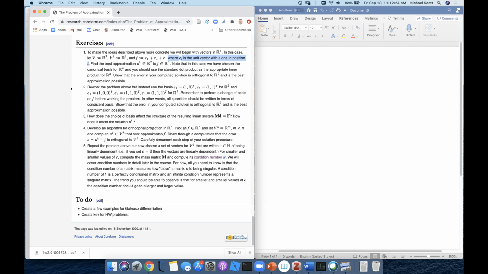They have 1 in position i. E1 is 1, 0, 0. E2 is 0, 1, 0. Remember, it's 1 in position i. So you're defining E sub i, with a subscript. Okay.